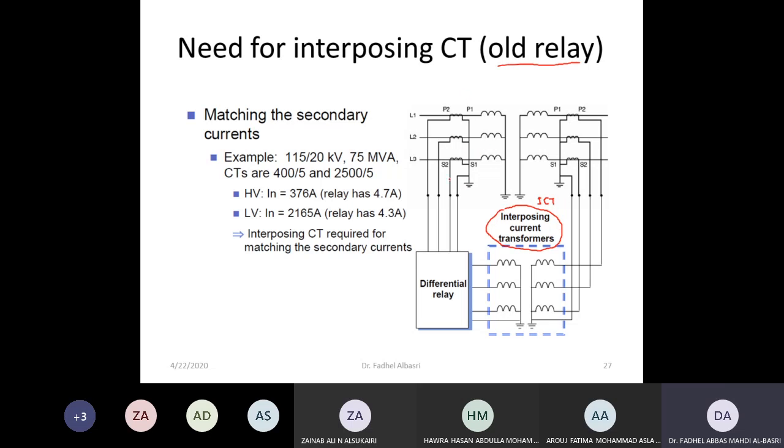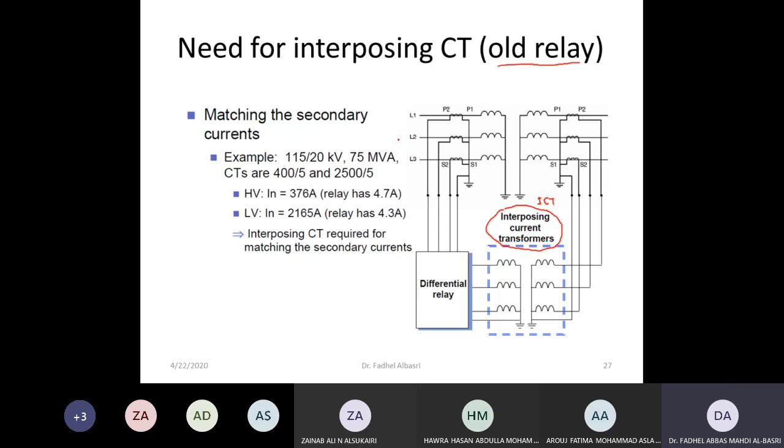Although this could be a star-delta or delta-star, we can connect these CTs as a star, star, and we correct the phase and magnitude difference using this another transformer, another CT, which corrects the magnitude and phase. Okay, now let's take an example here.